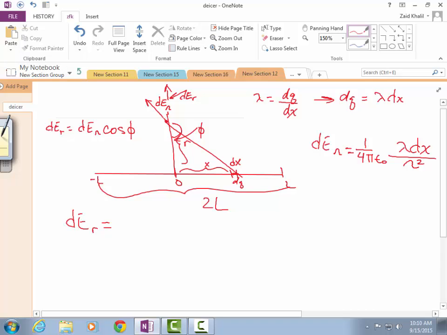So now what we have is 1 over 4 pi epsilon naught, and then lambda dx over r squared times the cosine of phi.